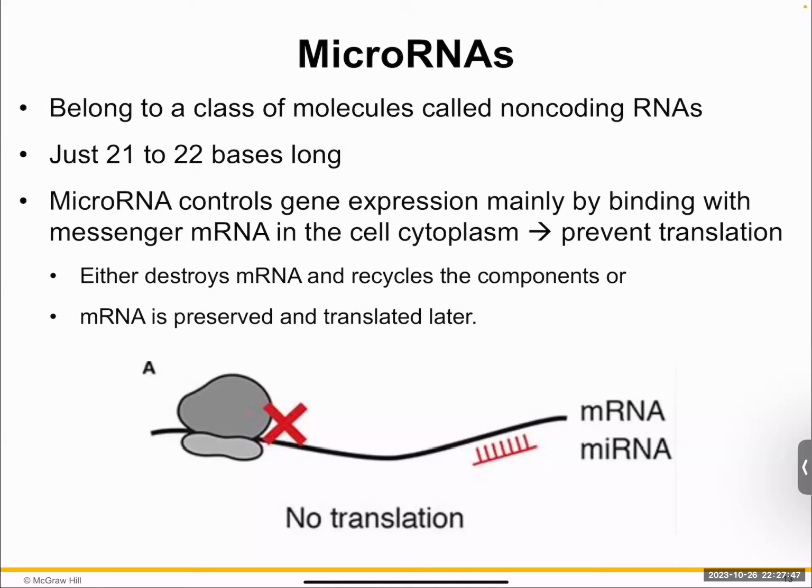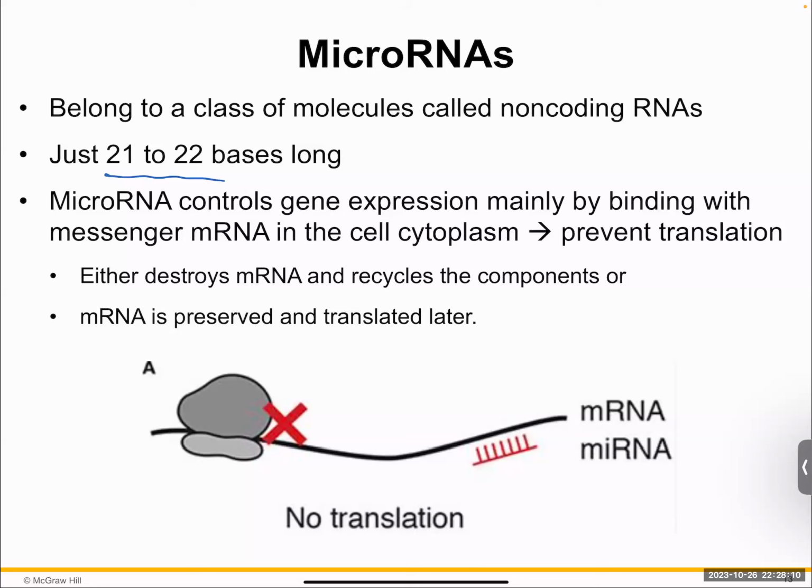Now, one of the other ways for us to control gene expression is looking at the microRNA. The microRNA is one of the coolest things. In this scenario, microRNAs are targeting the mRNA, and they're very short sequences, about 21 to 22 bases long.